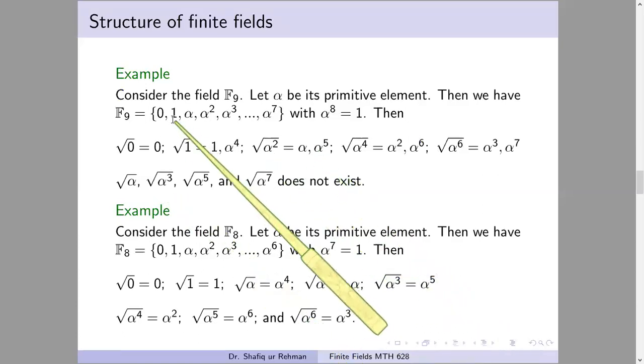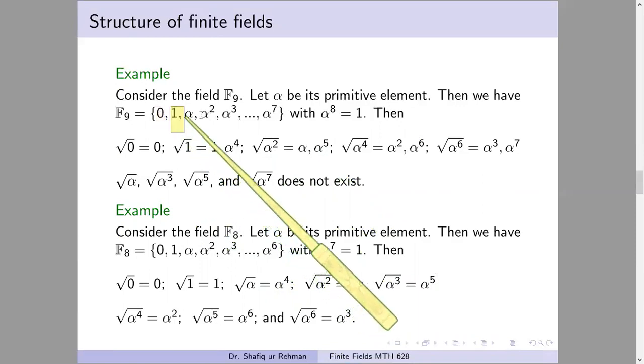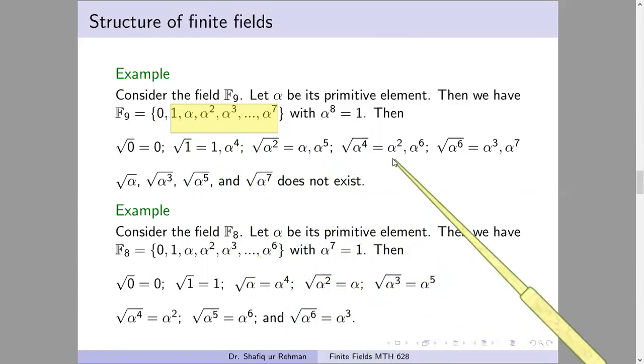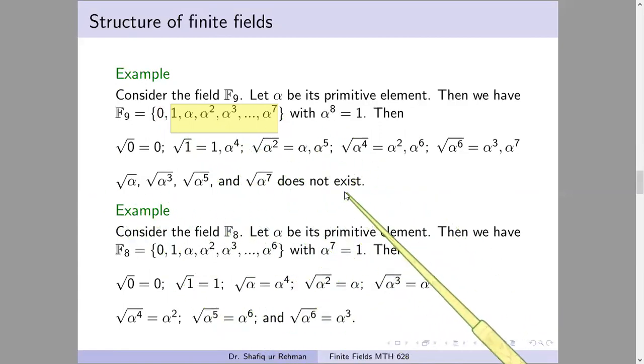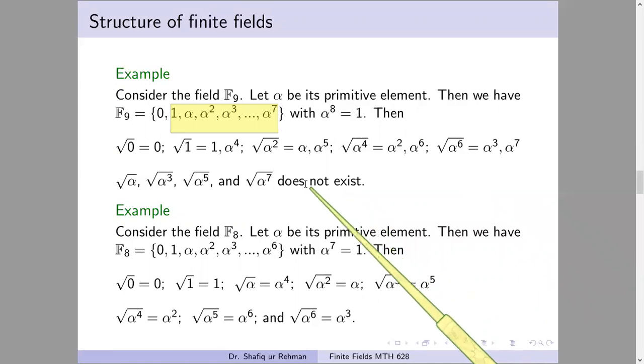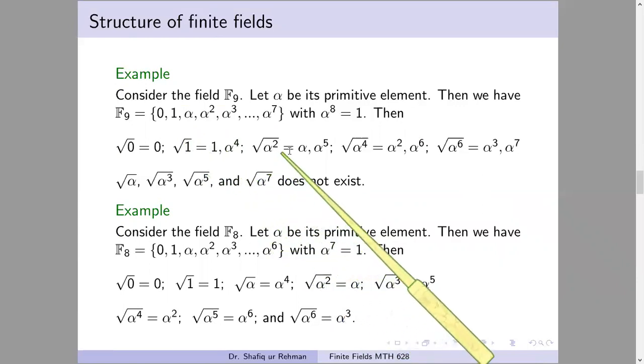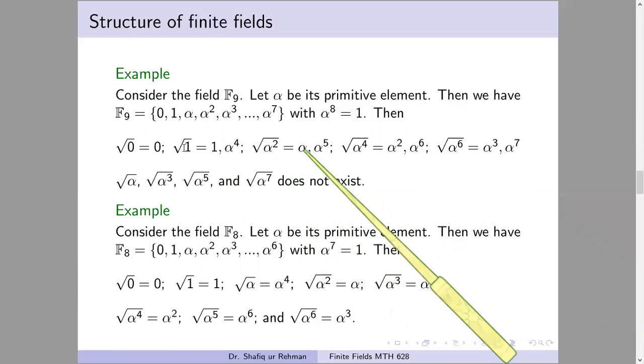Separating 0, we have a total of 8 elements, and half of the elements have square roots and half have no square root. This is linked with the previous definition of squared elements. This is just an observation: we make the calculation by hand and observe that half of the elements have square roots and each element has two values for the square root, except 0.